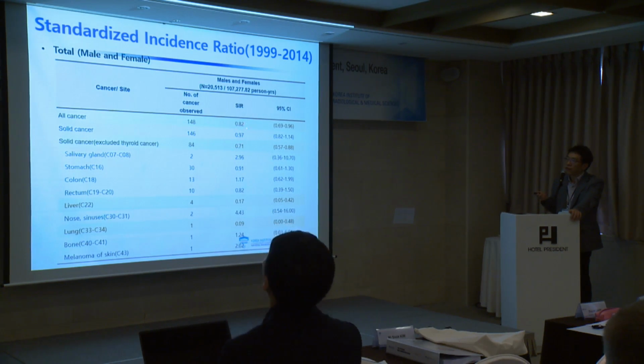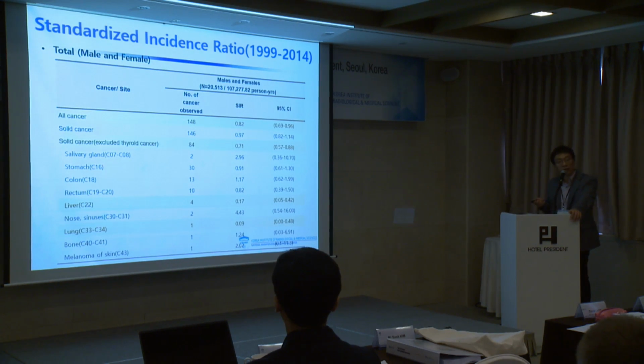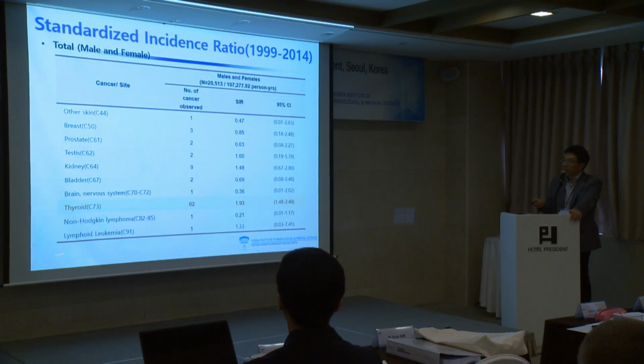As you can see, the SIR is below 1, which means that the health status of radiation workers might be better than the general population. Most cancers show an SIR below 1, but thyroid cancer is greater than 1, almost 2, which means that thyroid cancer incidence in radiation workers is higher than the general population.